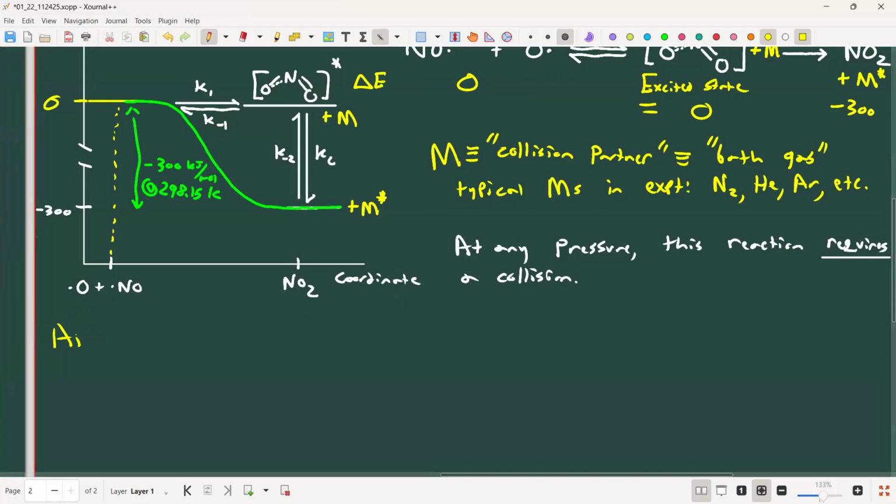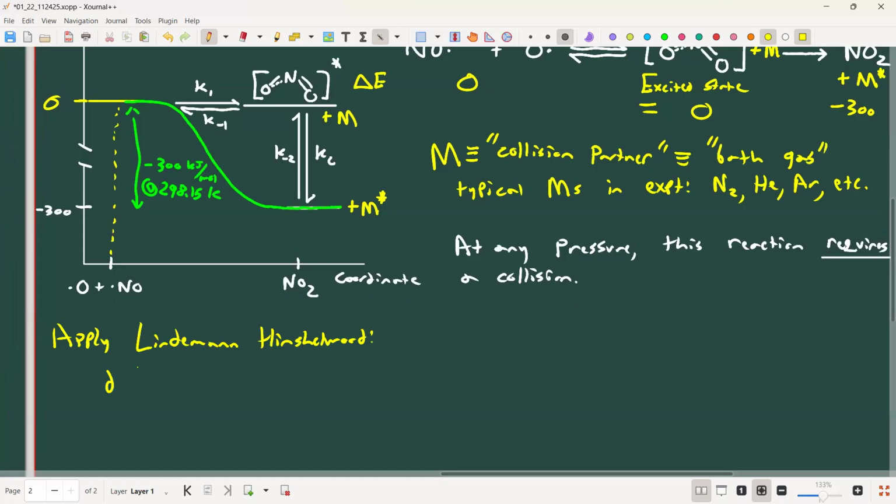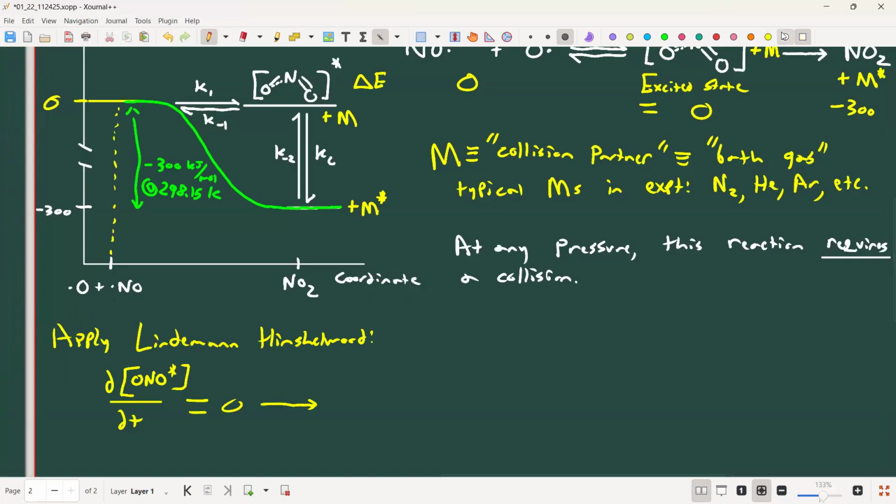So we apply Lindemann-Hinshelwood, where we treat our excited state complex with steady state. And again, just like before, you get a low pressure and a high pressure limit.